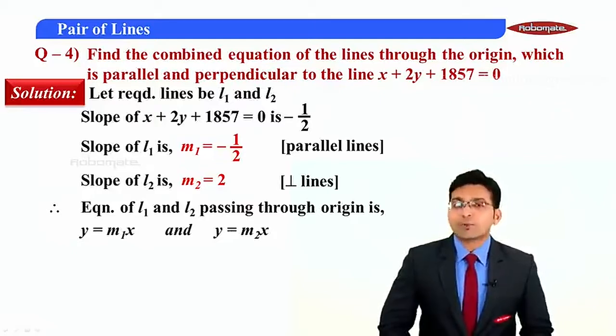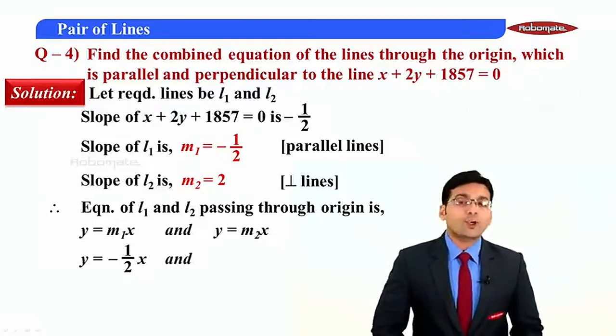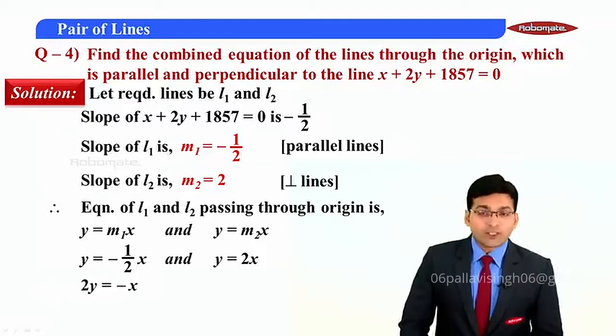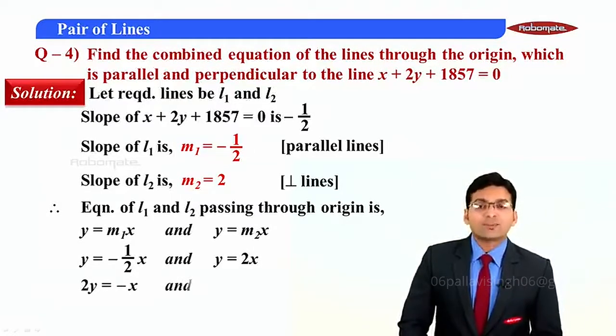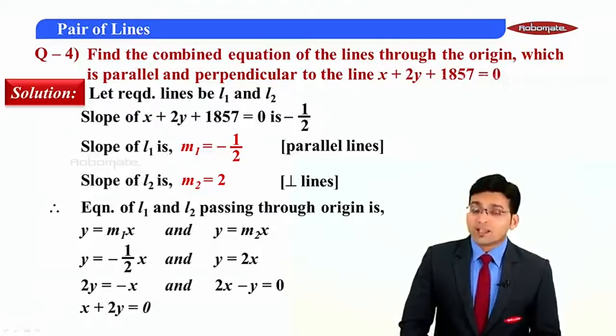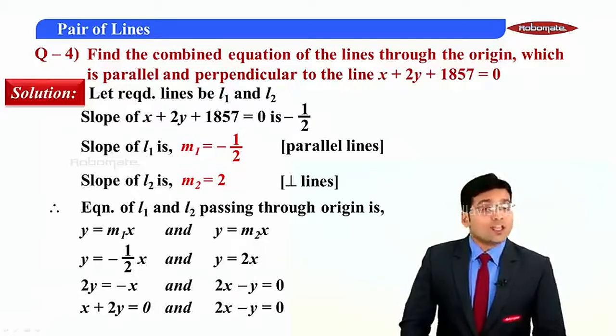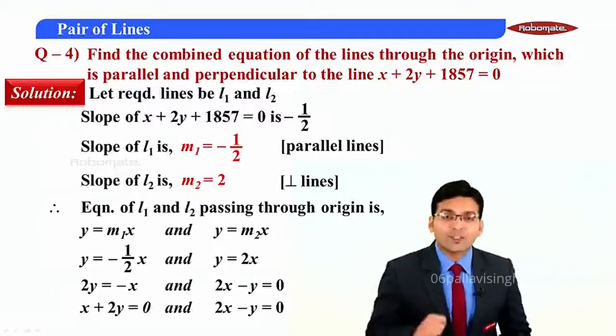When we substitute slopes here, students, we get y equal to minus 1 by 2 times x and y equal to 2x. On simplification, 2y is minus x and 2x minus y equal to 0. That is x plus 2y equal to 0 and 2x minus y equal to 0. Now students, we can find the combined equation very easily.